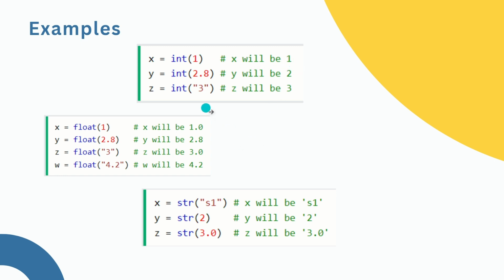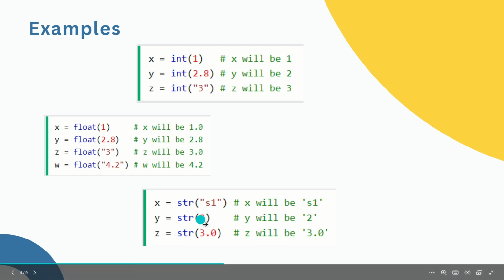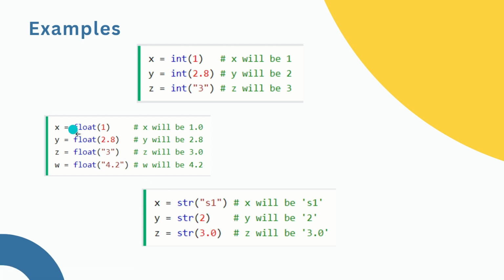Similarly, like we can convert to int, we can also convert to float and to string by writing float or by writing str. For converting to float, you simply write float, and even if it is an integer like 1, 2, 3, the float value will return it with a decimal point. So if it is 1, it will return 1.0.